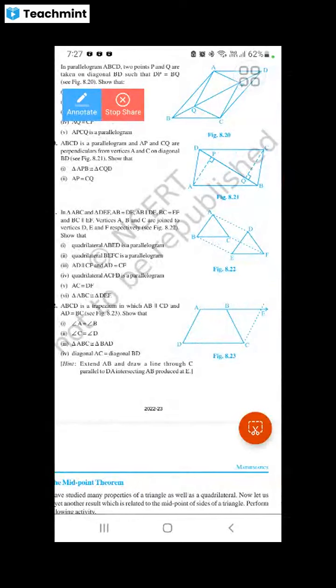Obviously, in the previous theorem that we have discussed, what did we prove? That if a quadrilateral is having one pair of opposite sides parallel and equal, then it is a parallelogram. This thing we have already proved. So we have to use the theorems only. We do not have to prove the theorems and statements again and again. Simply it is proved.